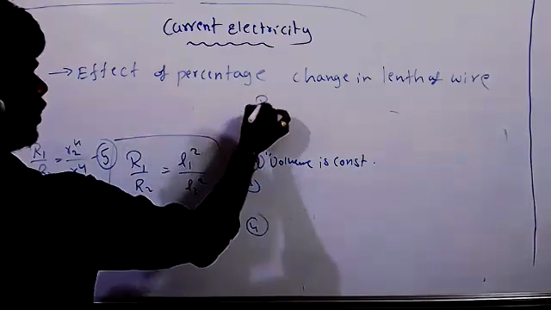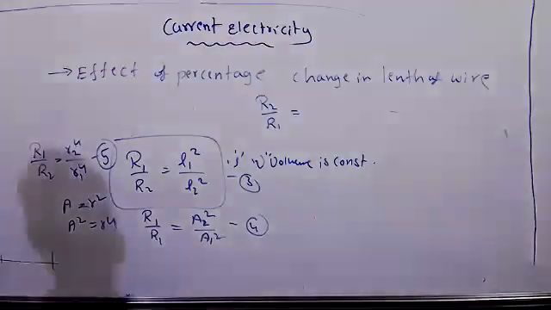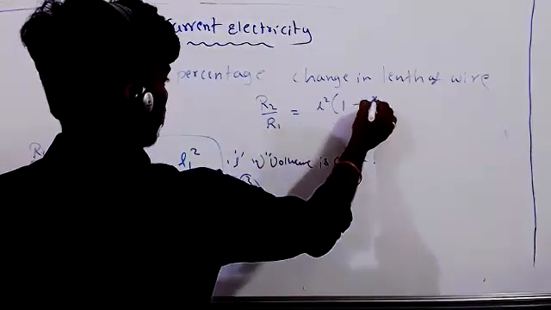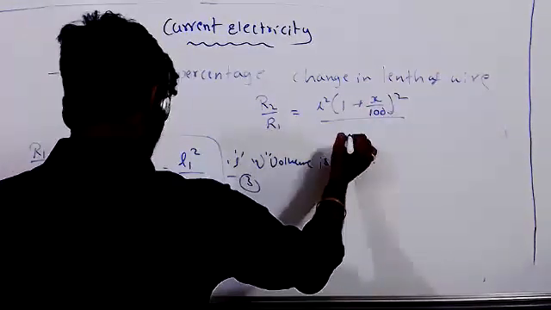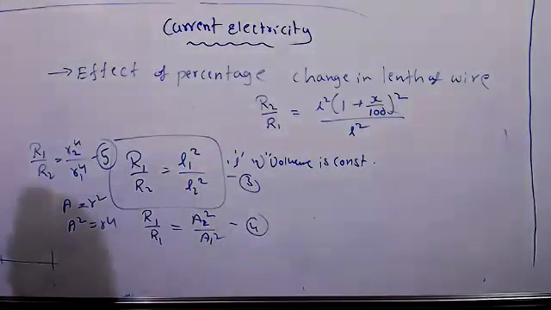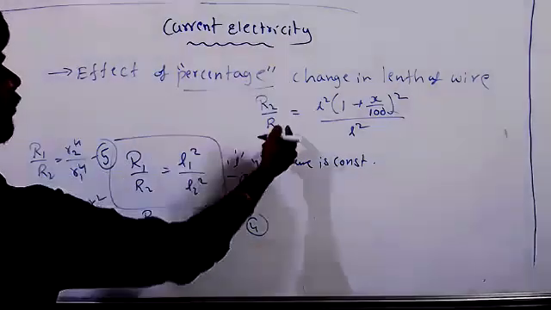We know the formula R2 by R1 equal to L square into (1 plus x by 100) whole square by L square, where x is the percentage change. We have to use this formula.